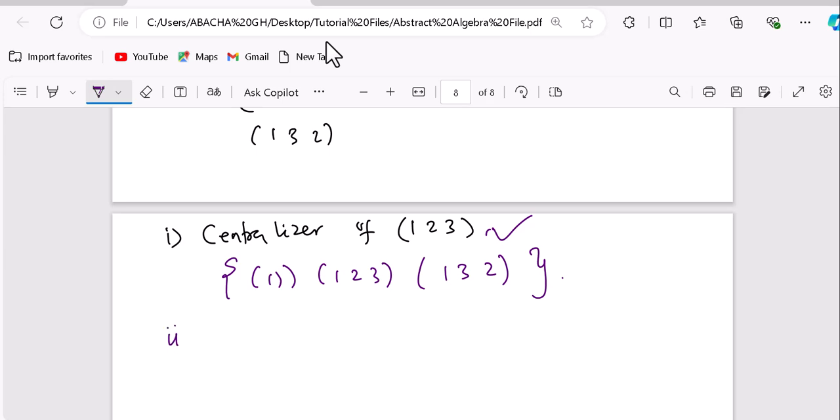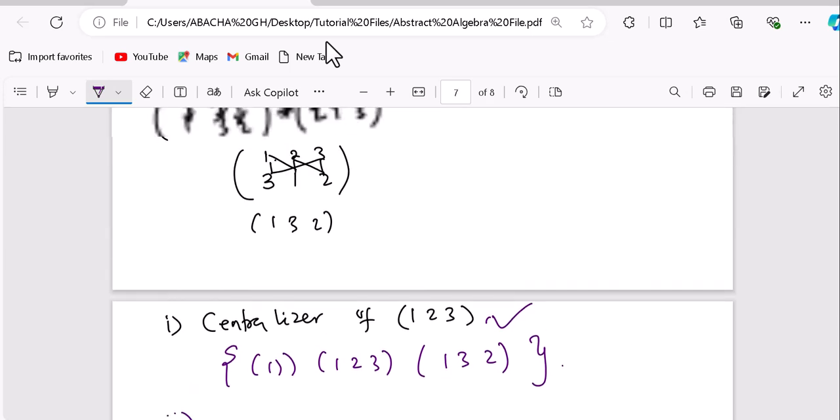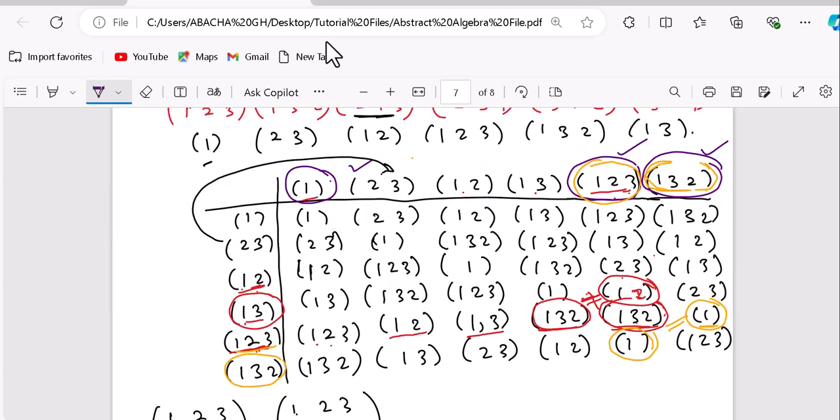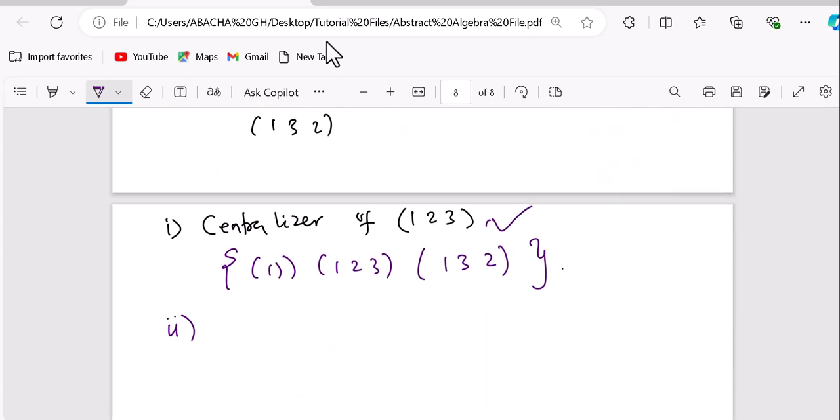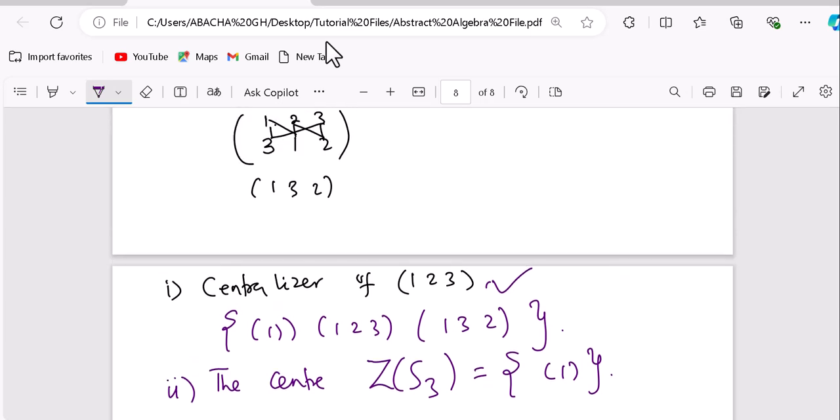Now the center. For this particular table, the center is the element which commutes with all the elements in the group, and so the identity, which is this, is always in the center. So the center Z(S3) equals the identity element, because that always commutes.